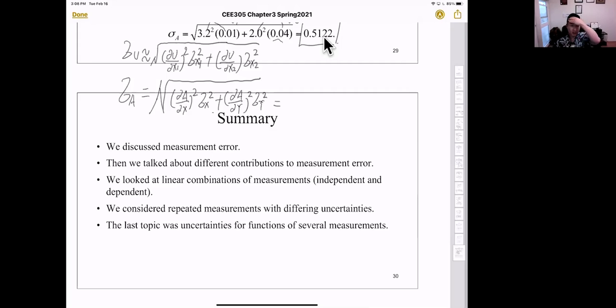Then we considered repeated measurements with different uncertainties, and discussed uncertainty for a function of one measurement and more than one measurement. So yeah, this is chapter 3.